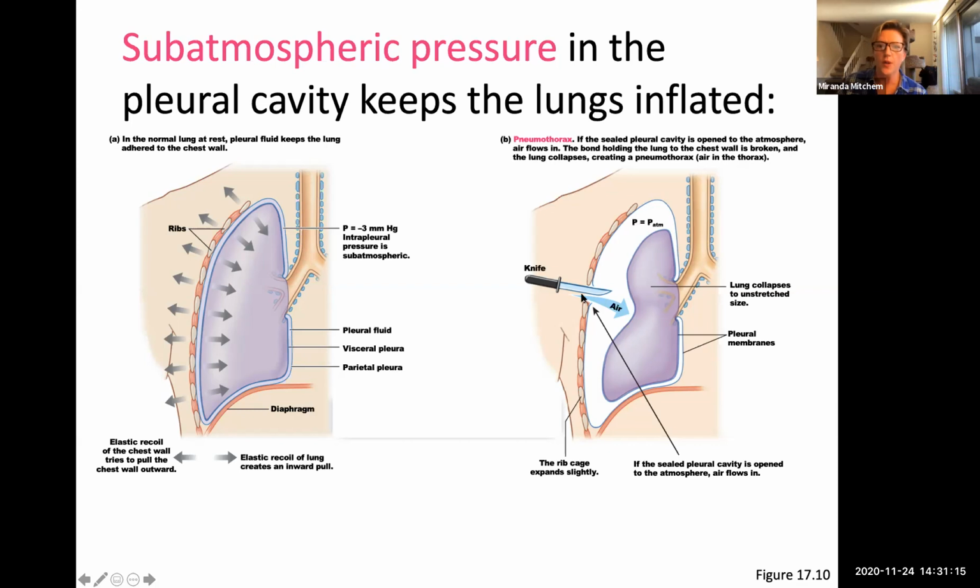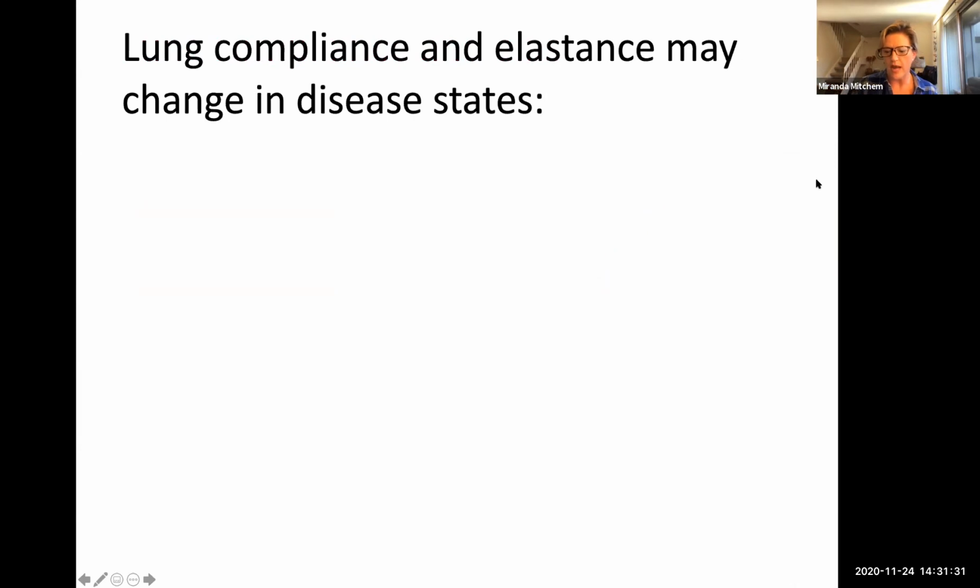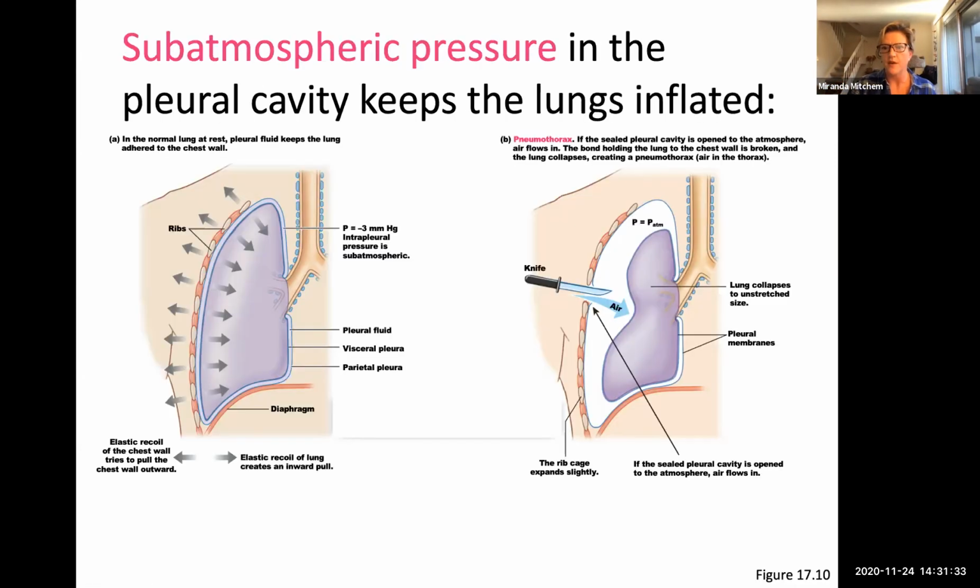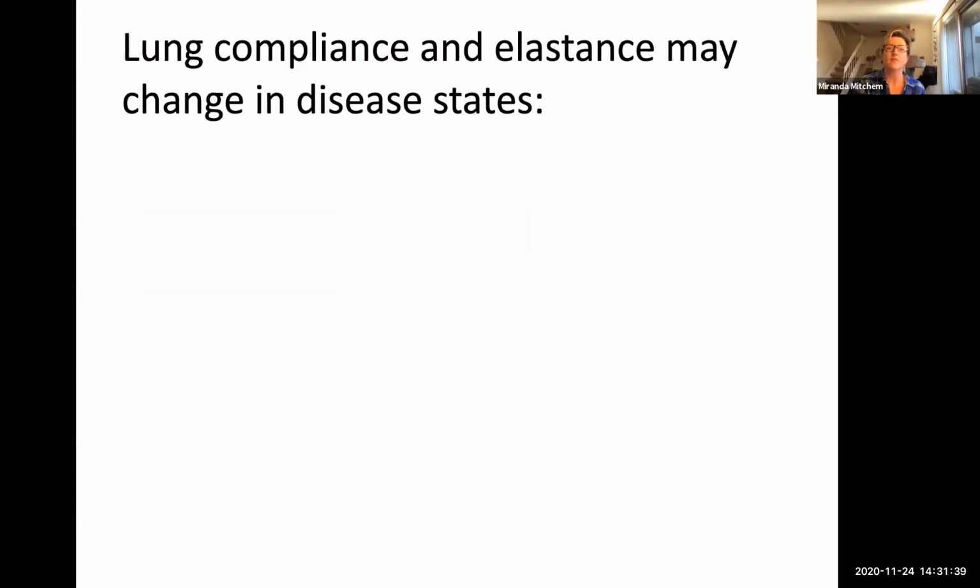There wasn't a hole, but I had so much fluid and cells and gunk building up in the space that it collapsed my lung partially. So a pneumothorax means there is air in the thorax. That's what it means, just to give you the technical term.